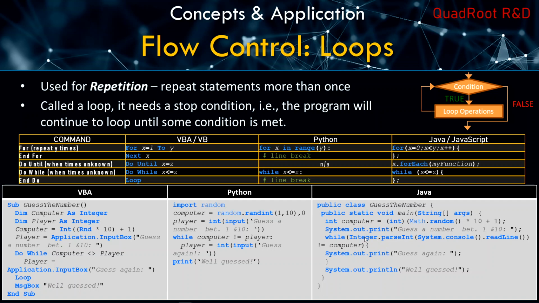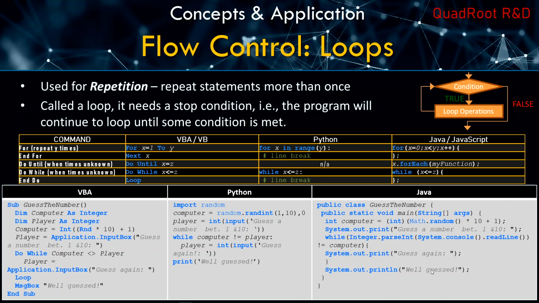So while whatever is input by the player, so we've not even now used a variable for player, we've just directly used this. So it's not equal to player, then use system.out.print guess again. Else, and this is the operations in the while loop.